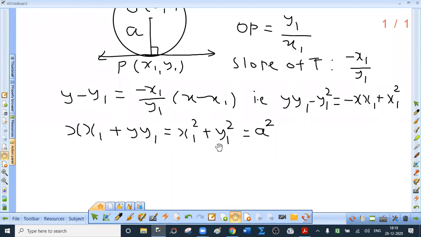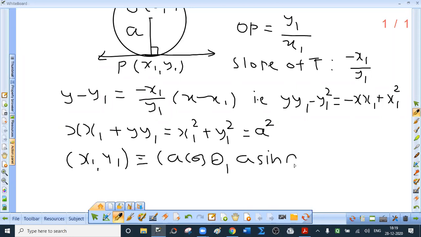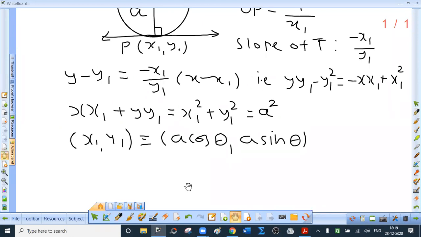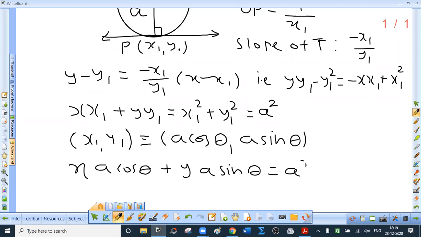Okay. Now the point x1, y1 can be a cos theta and a sin theta also. Why? Because these are parametric equations. So the tangent is drawn at a cos theta and a sin theta. So it will be the equation x into a cos theta plus y into a sin theta equal to a square.